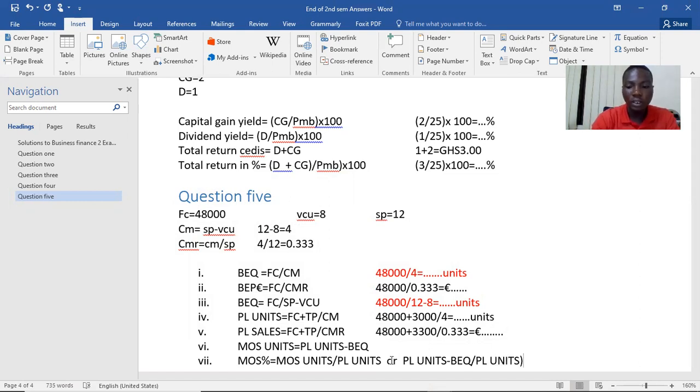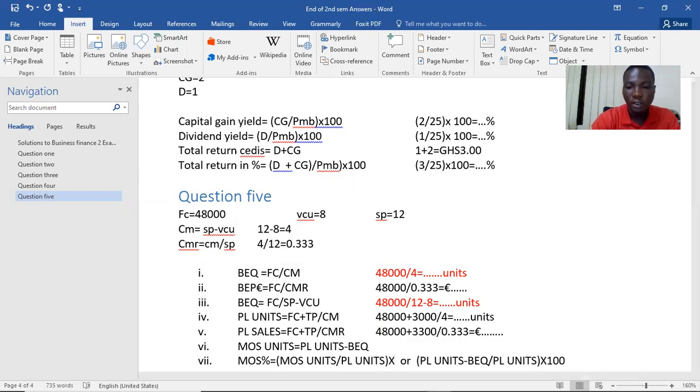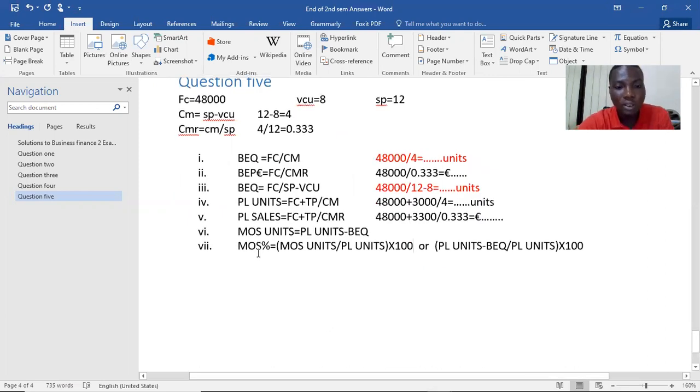Then everything multiplied by 100. So you can either do it and get it in decimal points, then convert later into percentage, or you just do it straight away, then multiply by 100. So these are the optional ones I would like to add to it.